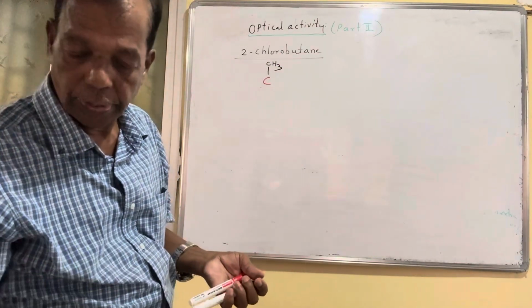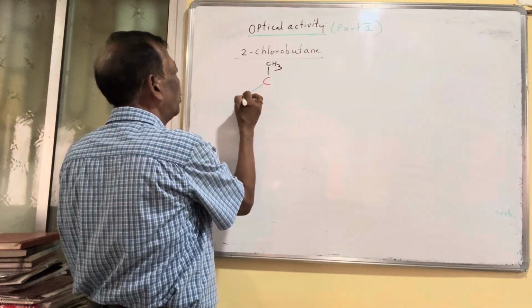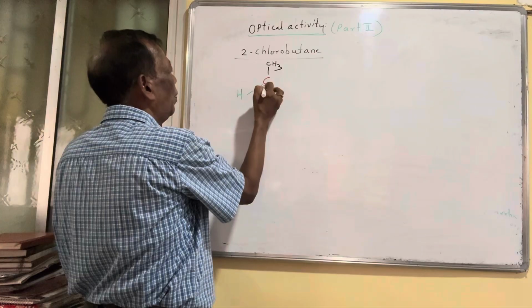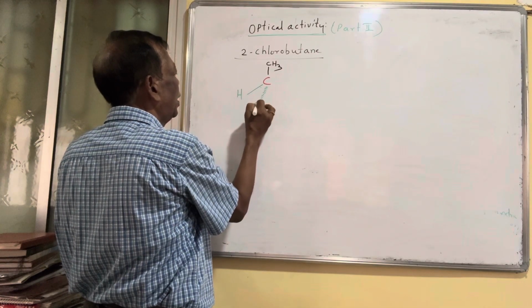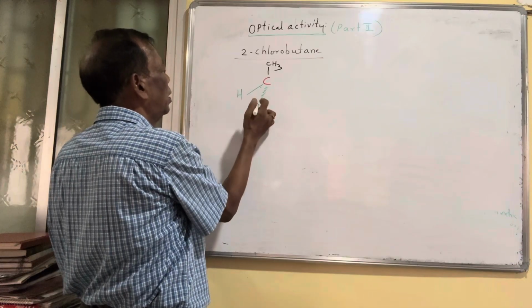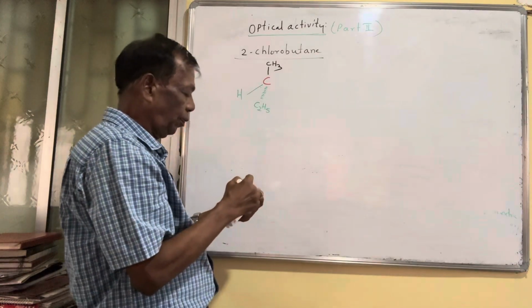This side I will take as H. This side I will put as C2H5. I'll explain to you what this means.